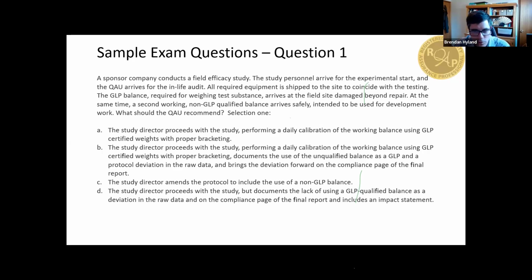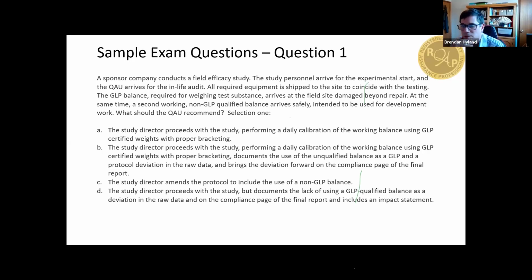Okay, we have a few votes for option D. And a couple of votes for option B. Very good. Okay. Right.